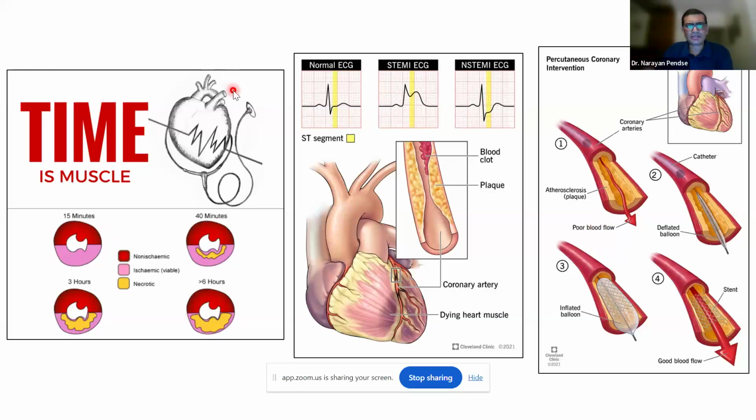Now, when the MI is detected, it can be of different types. Typically, it is classified into STEMI, which is ST elevated myocardial infarction, and non-STEMI, which is non-ST elevated myocardial infarction. And we will come to this in the subsequent slide.